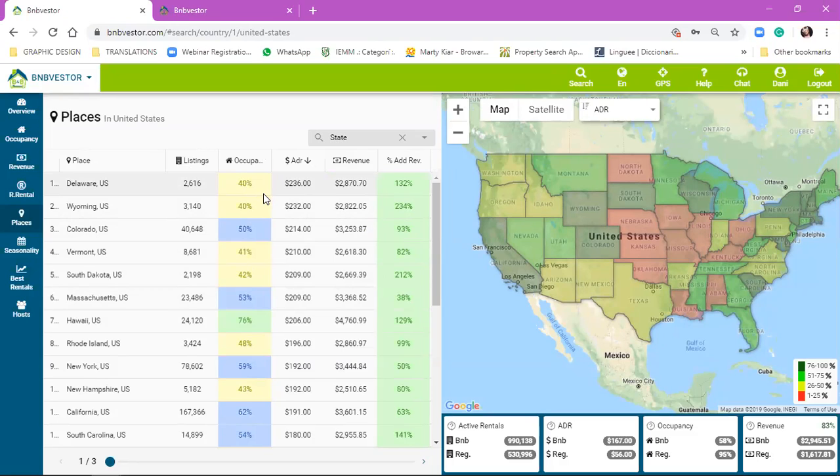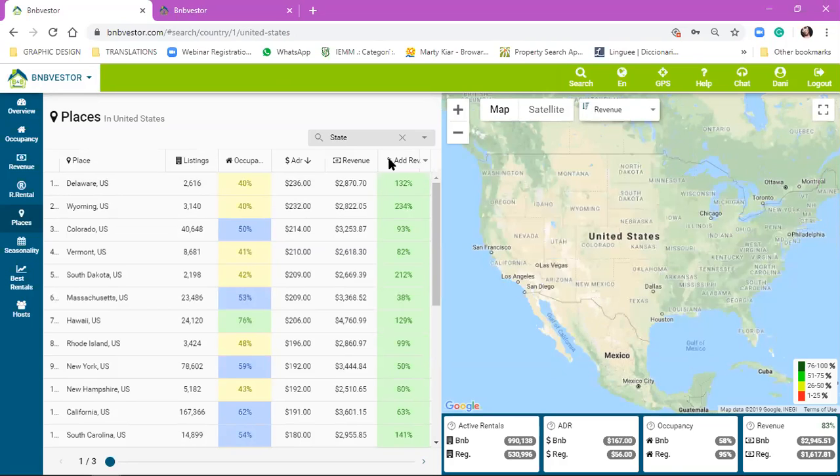You can see their additional revenue. So this particular way of operating has been working for them because you can see their revenue and their additional revenue are pretty high. Then we have the revenue.